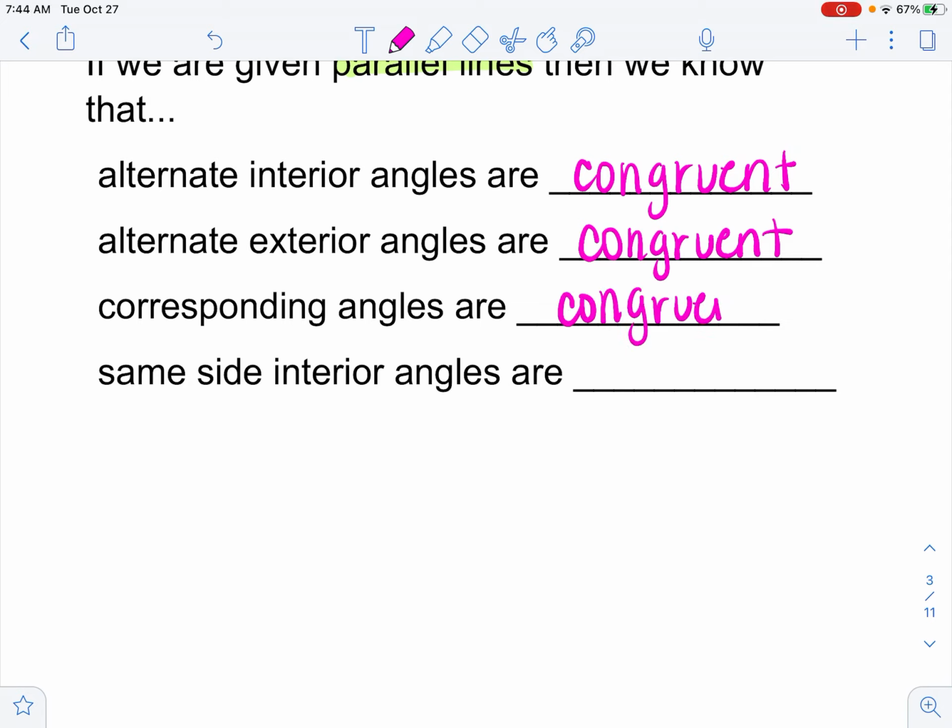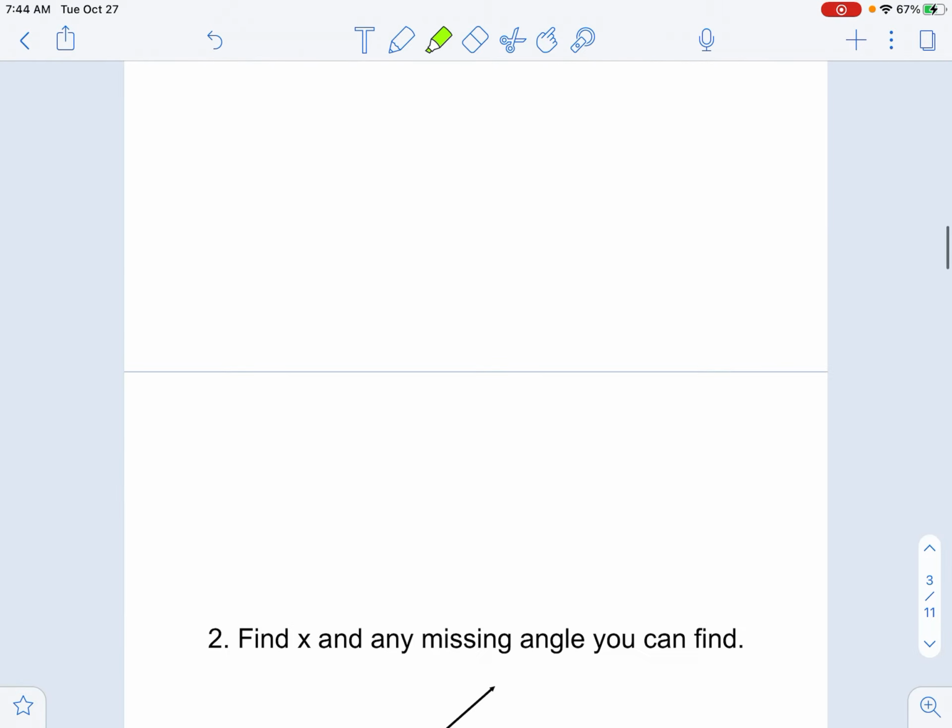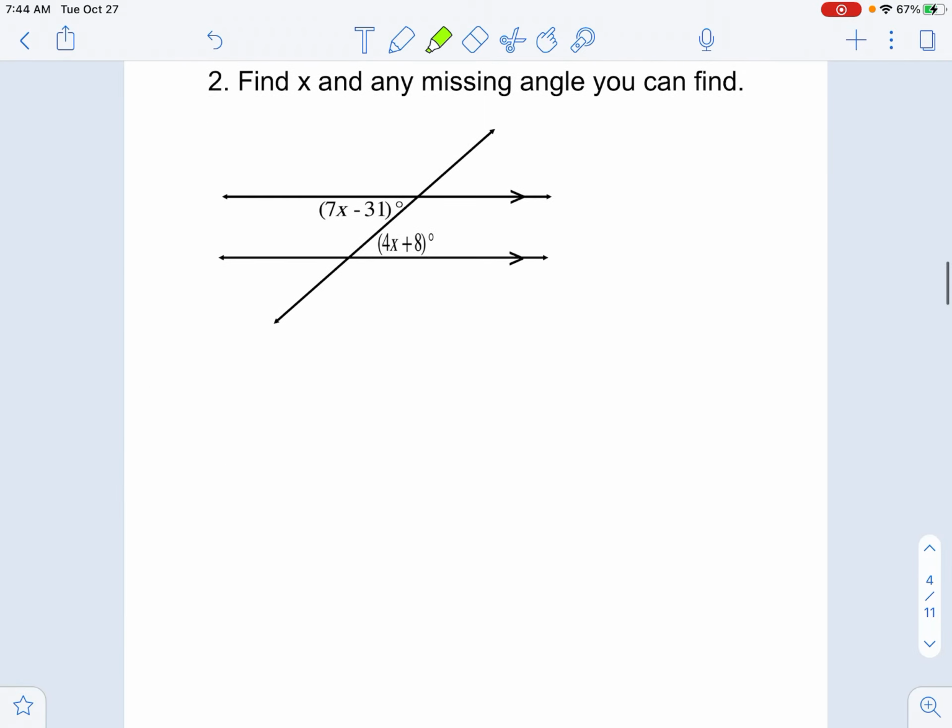Corresponding angles are congruent. And then same side interior angles are supplementary. So notice only one set is supplementary, and it's same side interior angles. So make sure that you remember which one's supplementary, and then you can realize the rest are congruent.